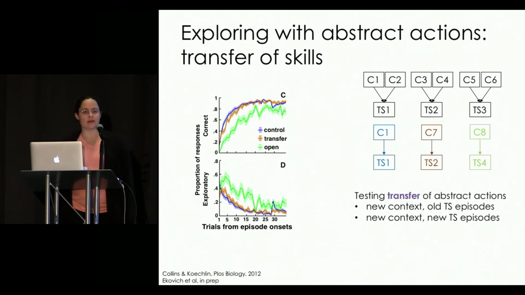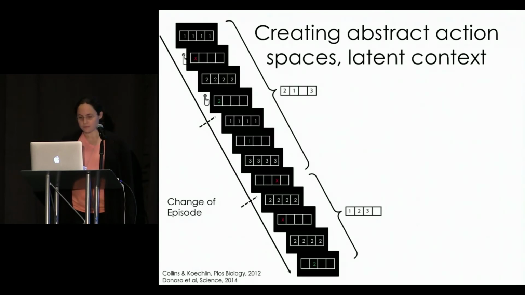Okay, so in this case, the abstract state space of context is observable. So we also ask whether participants can do that without any observable cue as to what the current context was. We did that by doing exactly the same experiment, just with no background change in this case.